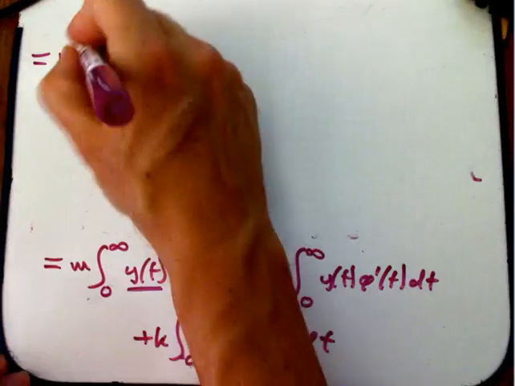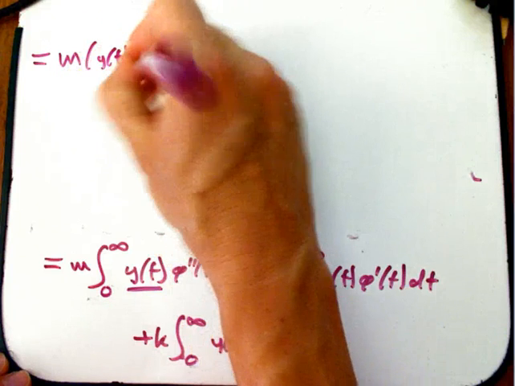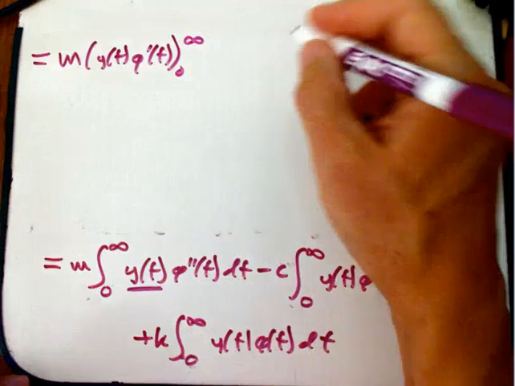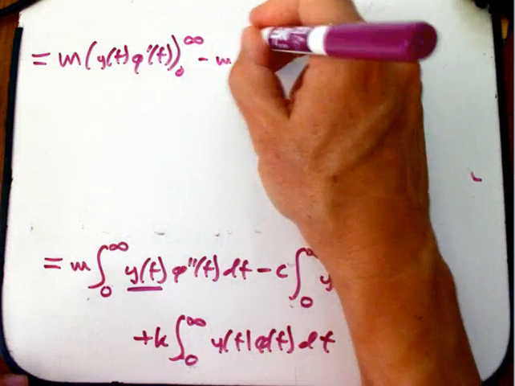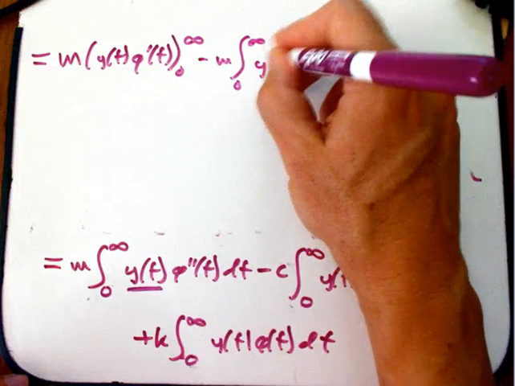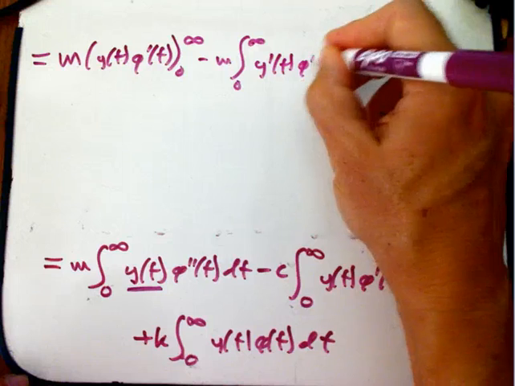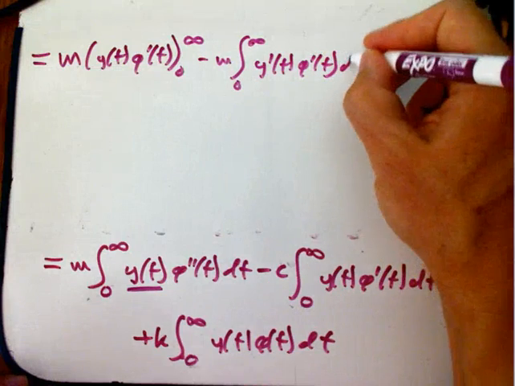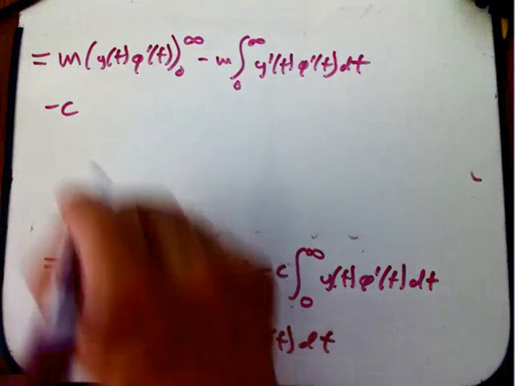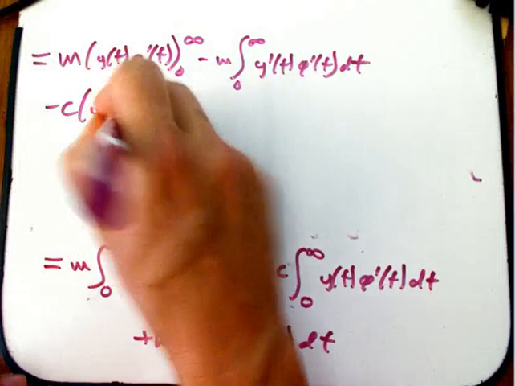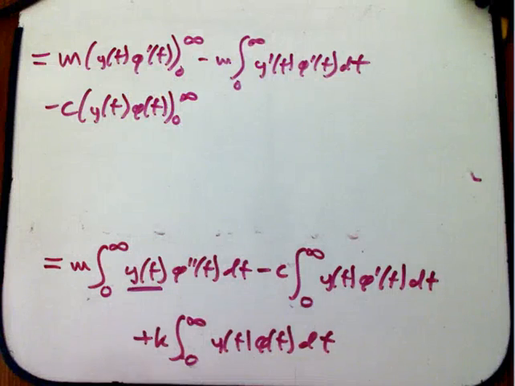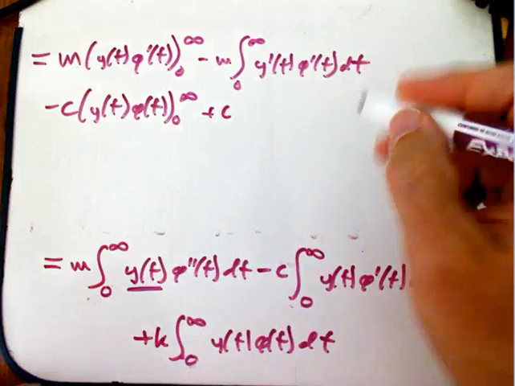That's going to be y of t phi prime of t, from 0 to infinity, and then a sign switch, because of how integration by parts works, minus the integral from 0 to infinity of y prime of t phi prime of t dt. And then another integration by parts. Now it had a minus c y of t phi of t, no derivative. And then plus, this switches.